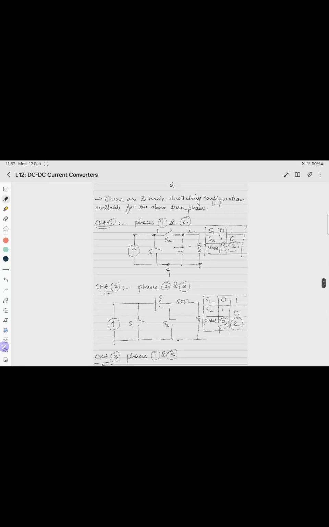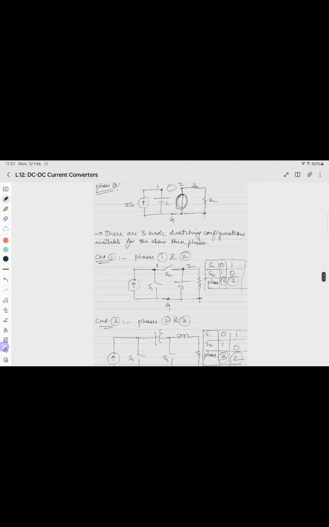So now we'll see the steady state analysis of circuit 1. So circuit 1 is this.